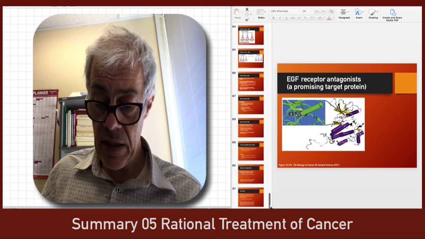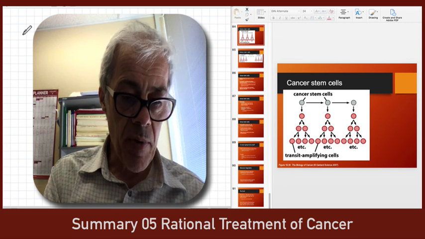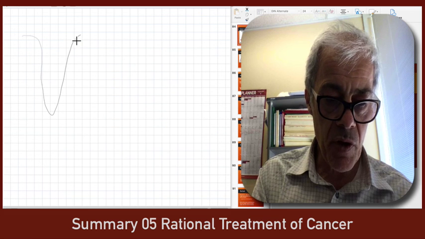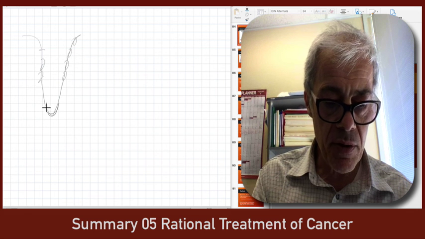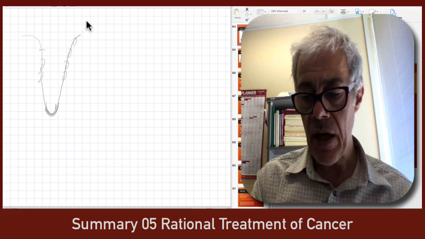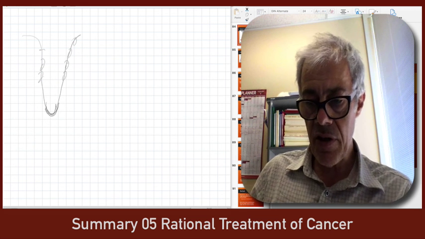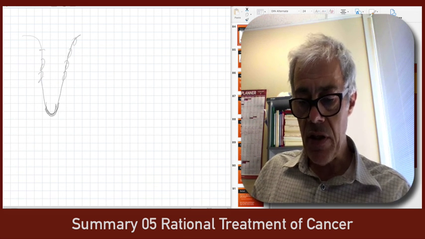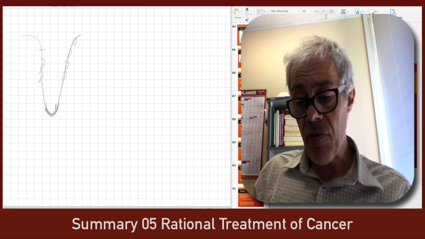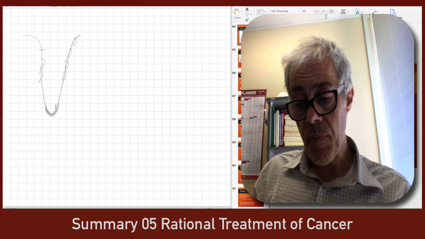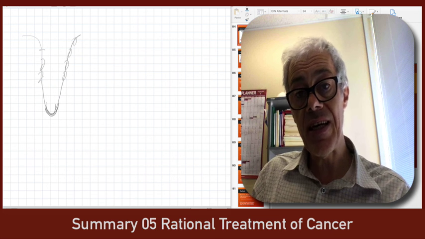And then just lastly, I guess if you go back to the first lecture, remember we're looking at villi, and we're looking at these transient amplified cells which are derived from stem cells. And I included that slide because I knew later on in the lecture series there was this discussion in the textbook about some drugs are effective against the transiently amplified cells, but the cancer stem cells are inaccessible to the drug.